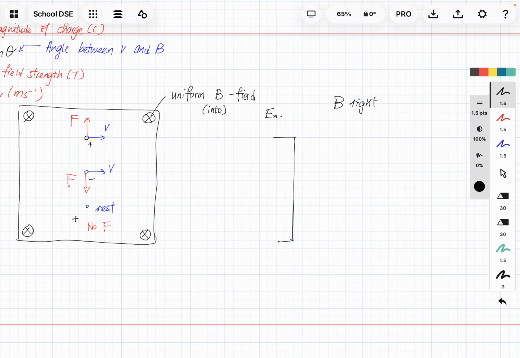How long does it take to complete one circle? Then this goes to finding the period T. But how do we find the period T in the case of charged particles in the B field? Similarly, how do we find the period T in the case of gravitation? What does T equal to?